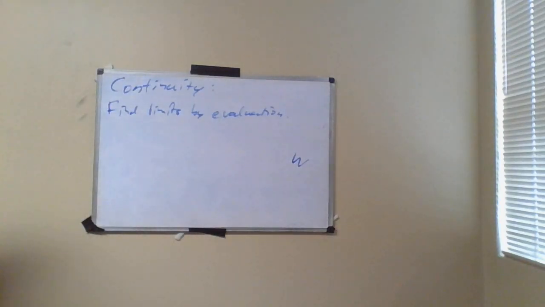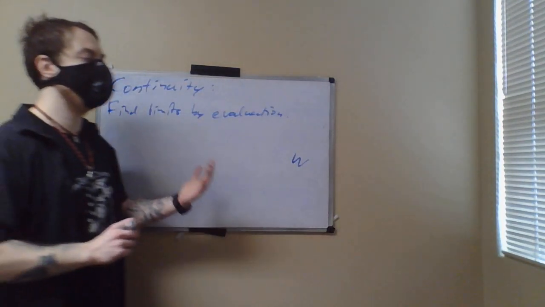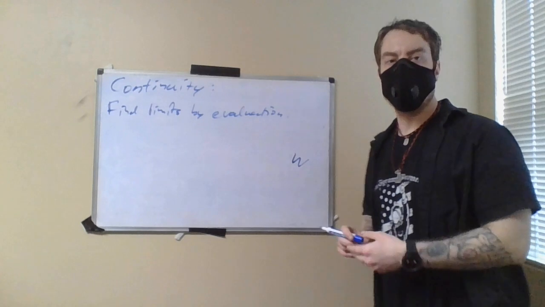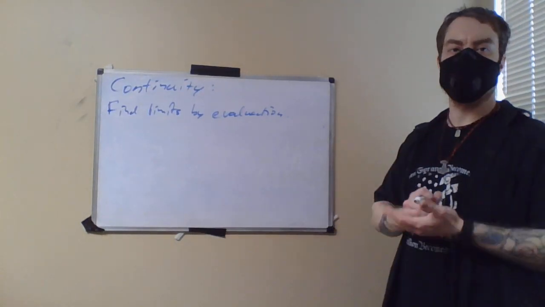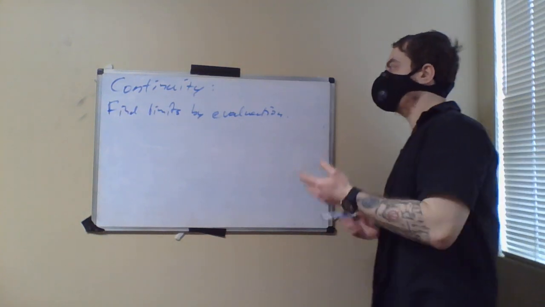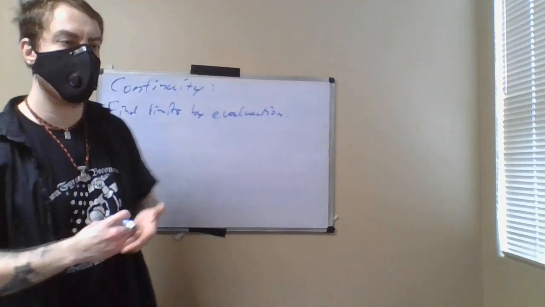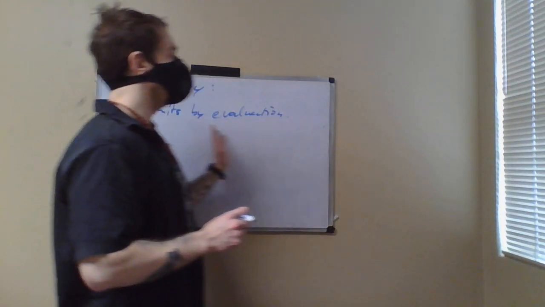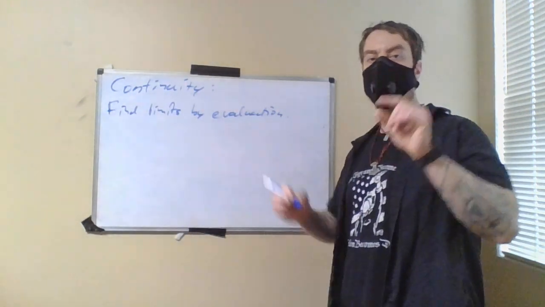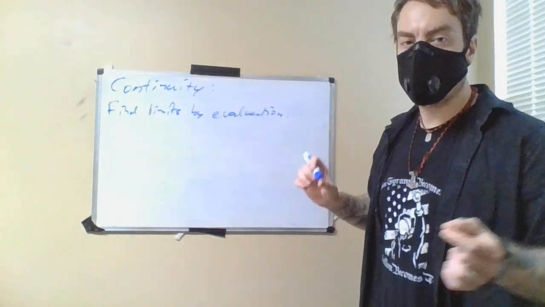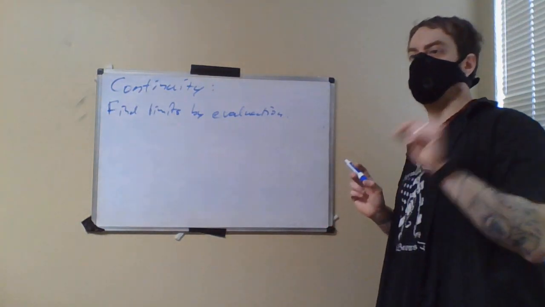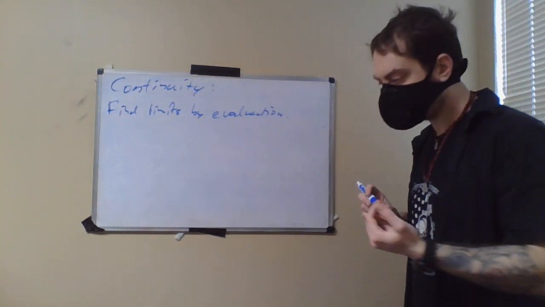But there's still nice behavior for a lot of these functions. The lack of being able to find the limit by evaluation isn't all that big a deal. The point is that it has the property at certain places. In fact, at most points, the rational function just fails to have this property at the points where it's undefined.